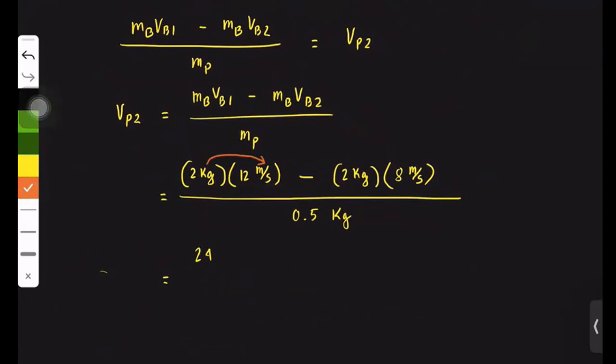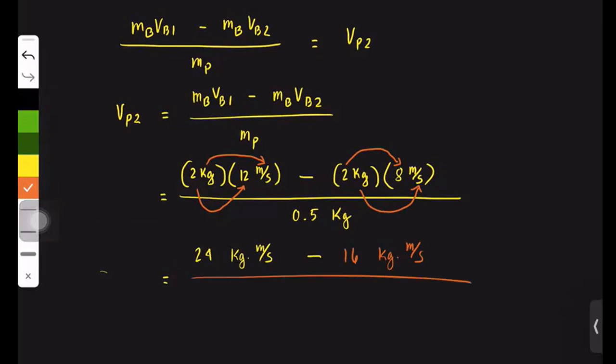Minus, you have 2 times 8, that's 16, again in kilogram times meter per second. Divided by 0.5 kilograms.